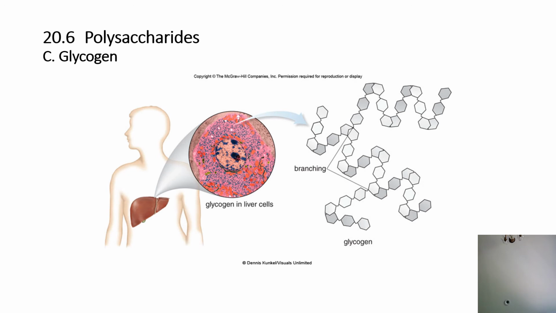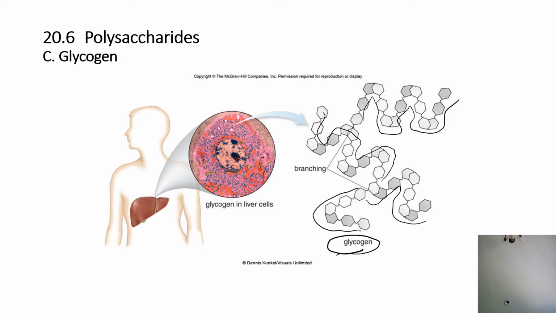And this is an example of what a glycogen molecule might look like. Here we have, let's say that's the chain, and we have a branch here, and we have a branch here.